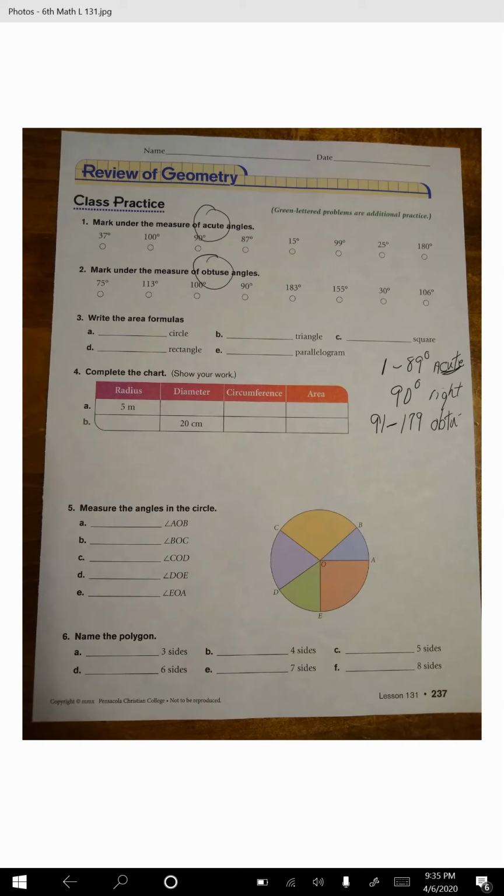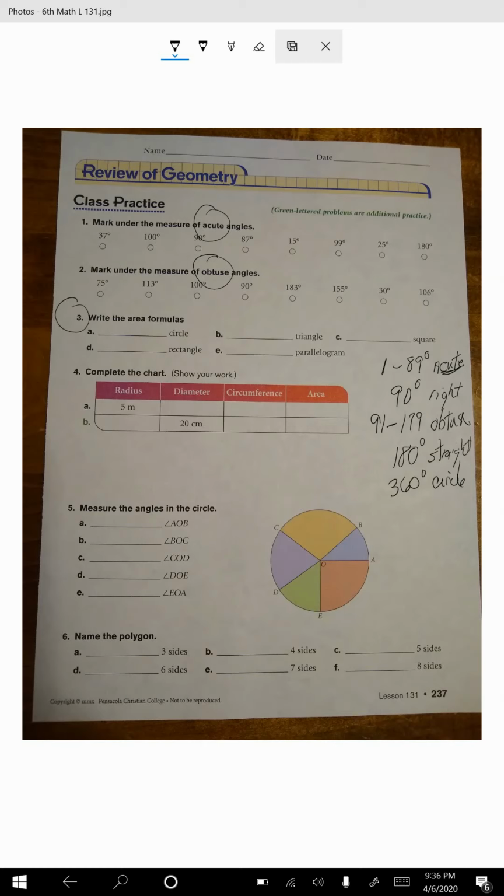They're the big ones. And then if you're at 180 degrees, you have a straight angle, which is really just a straight line. And just for review's sake, 360 degrees would be the entire circle. Okay? So in these you're marking the measures that are acute and then the measures that are obtuse. So remember that as you do it.